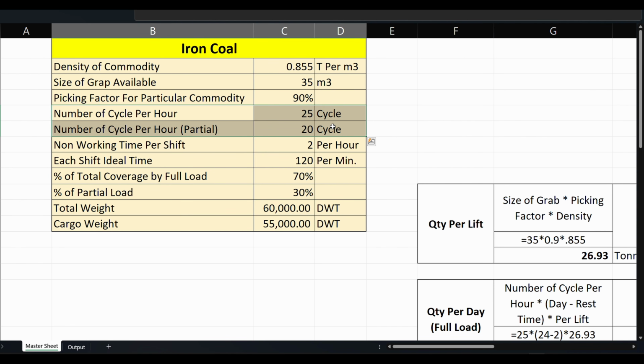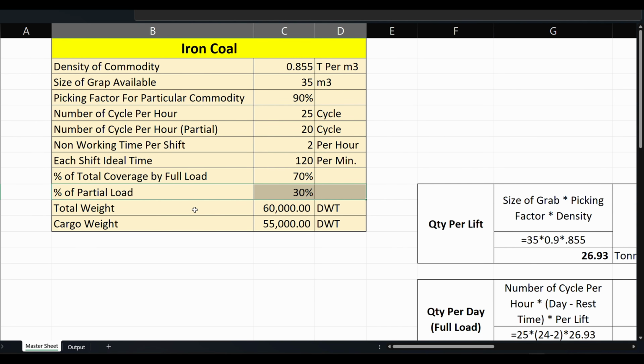Non-working time per shift is 2 hours for breaks and normal maintenance, so each shift's idle time is 120 minutes, or 2 hours. The percentage of total coverage by full load is 70%, and by partial load is 30%.